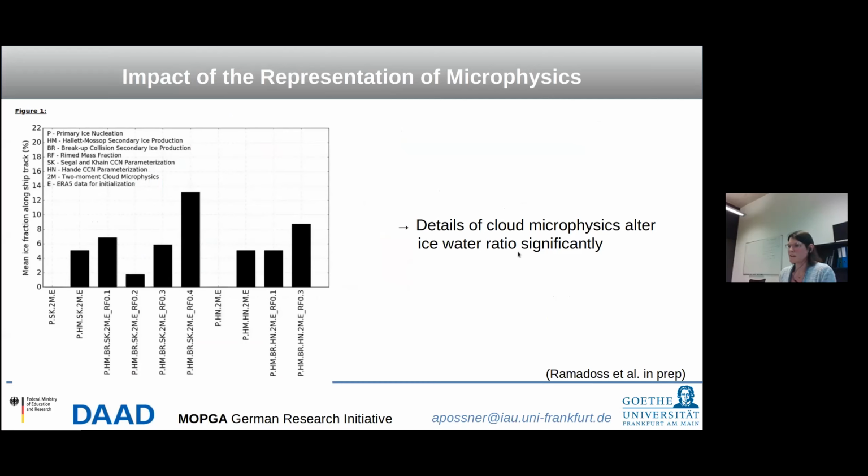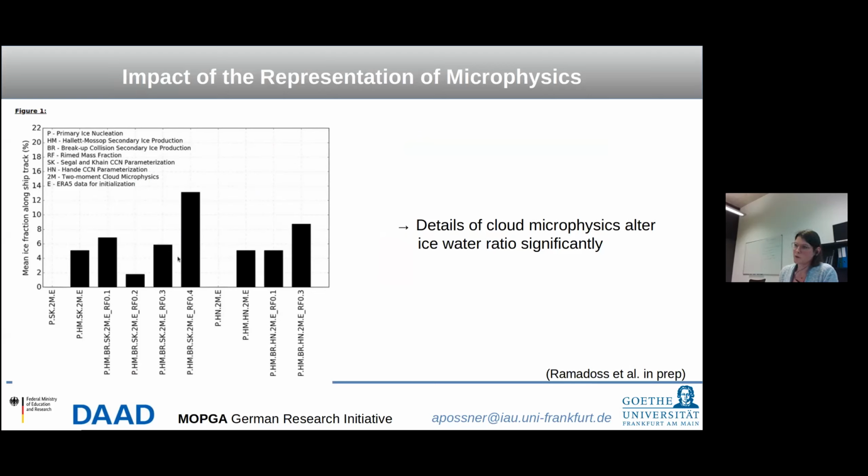And the one thing that other people have shown in several studies, and something that we also see here, is that if you care about the amount of ice that's generated inside these clouds, it's very sensitive to the microphysical setup that you choose. So there's no need to understand all of these individual acronyms, although some of you might wish to.